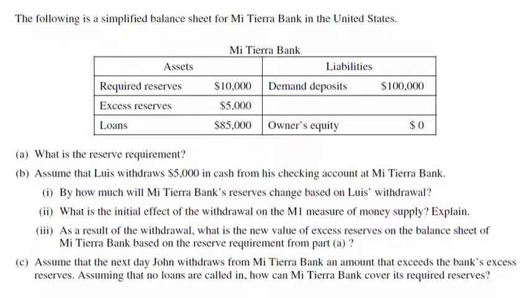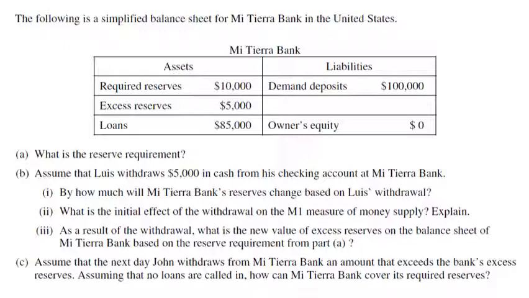For part A, what is the reserve requirement? So you're looking at what banks are required by law to hold on to. B, assume that Luis withdraws $5,000 in cash from his checking account. And so that's going to set up the three parts for B. Part 1, by how much will the bank's reserves change? 2, what is the initial effect of the withdrawal on the M1 measure of the money supply?